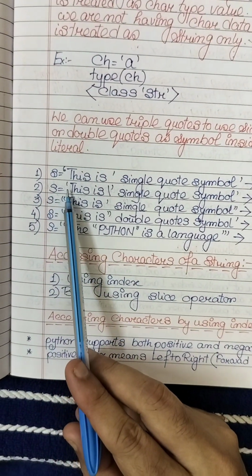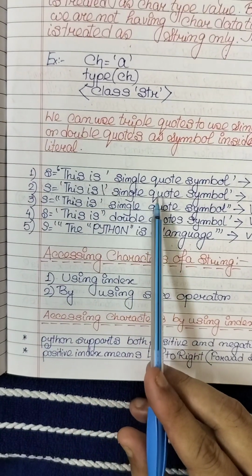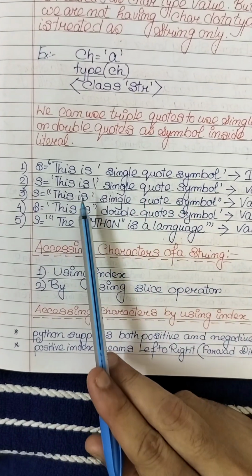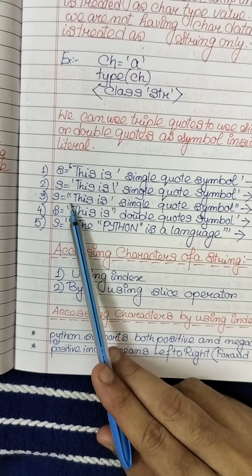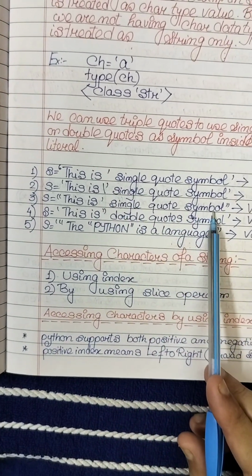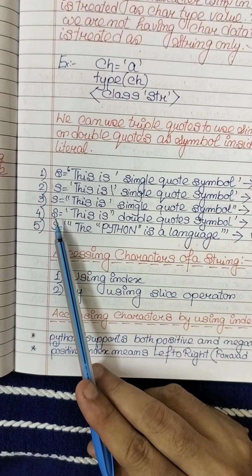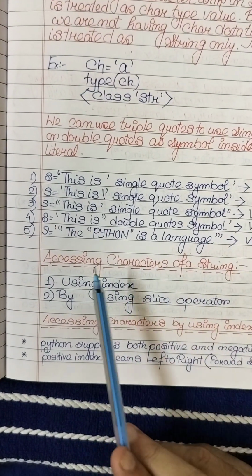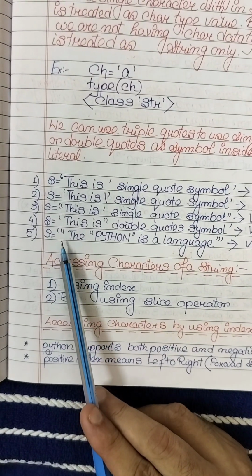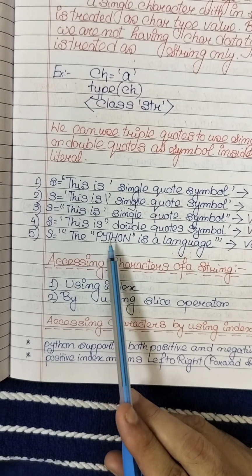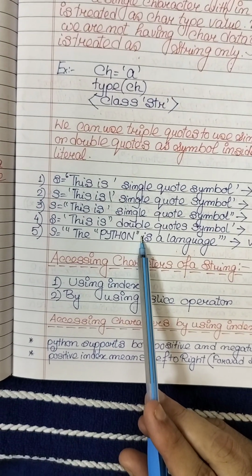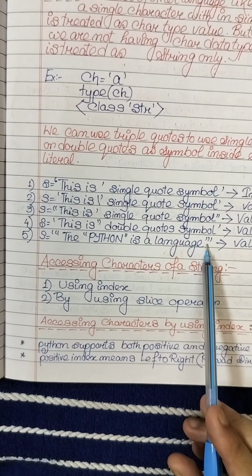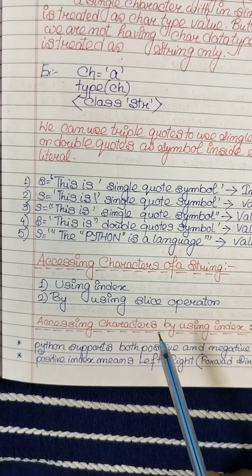But S is equal to double quotes containing a single quote symbol is valid. S is equal to single quotes containing a double quotes symbol is valid. And using triple quotes with double quotes and single quotes inside is also valid.